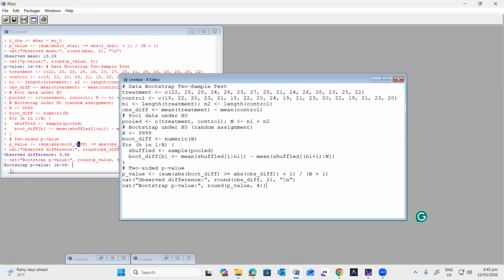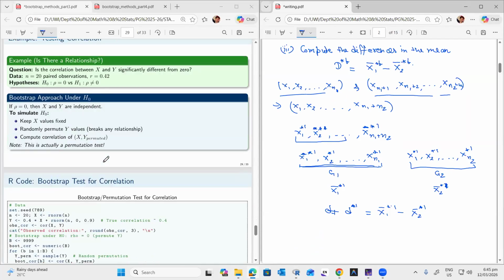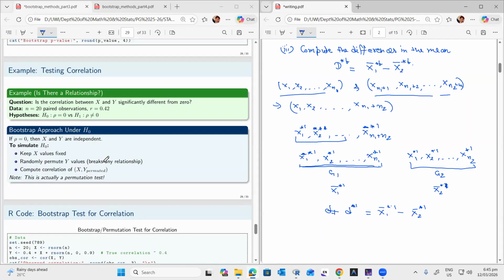Now we will go for the testing of correlation. The question is: is the correlation between x and y significantly different from zero or not? Suppose we have data of sample size n equals 20 paired observations, and the exact correlation is 0.42.